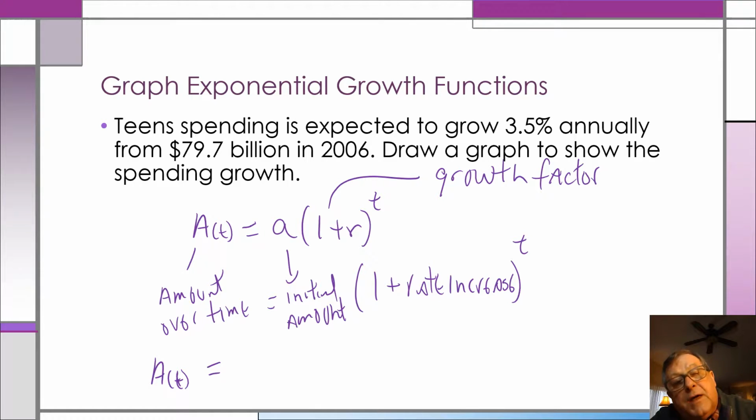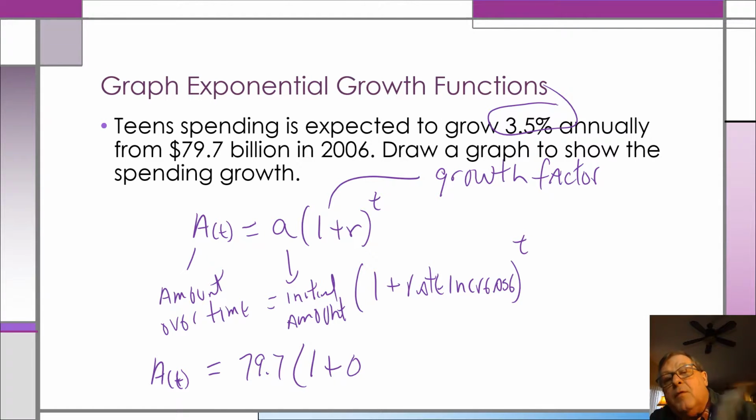And we started with an initial amount of 79.7, and that's in billions of dollars, times 1 plus. Now it's important that I convert that percentage to a decimal. So that's going to be 0. I'm going to move that decimal 2 places to the left. 0.035 now raised to the power of t.